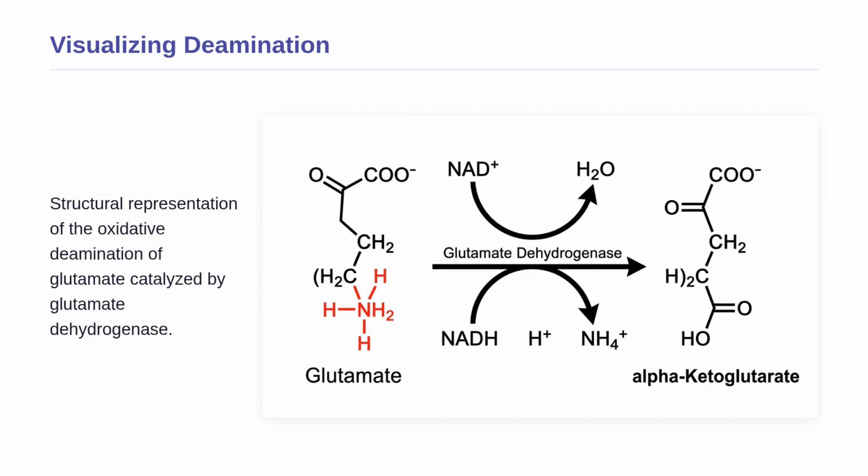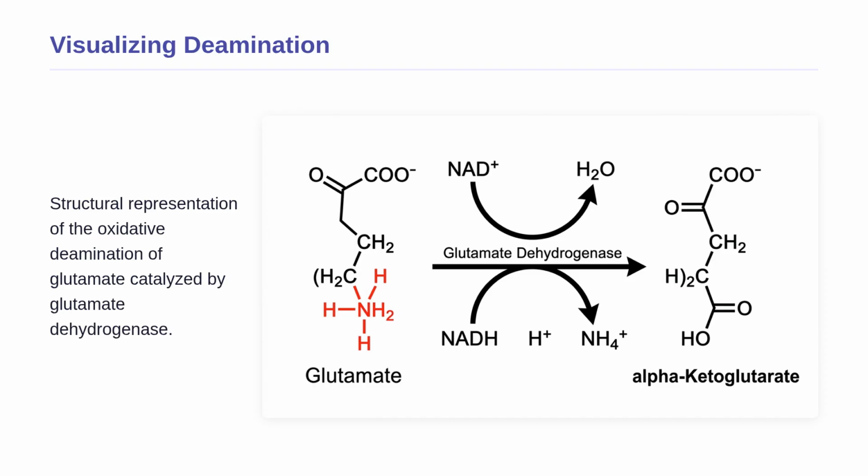You can see NAD+ and water entering the reaction, while NADH, a free proton, and the toxic ammonium ion exit. On the right, we are left with alpha-ketoglutarate. The amino group has been completely replaced by an oxygen atom, leaving a clean carbon skeleton ready for energy production.